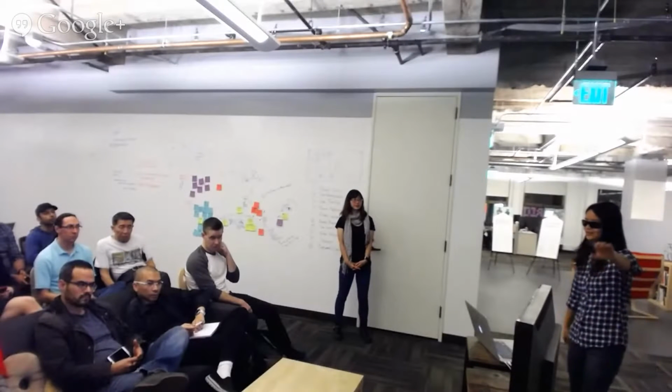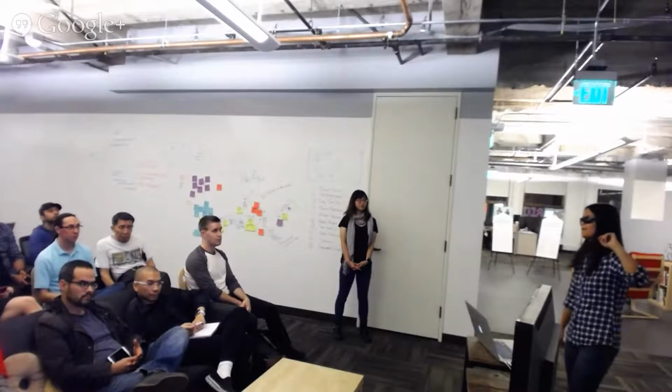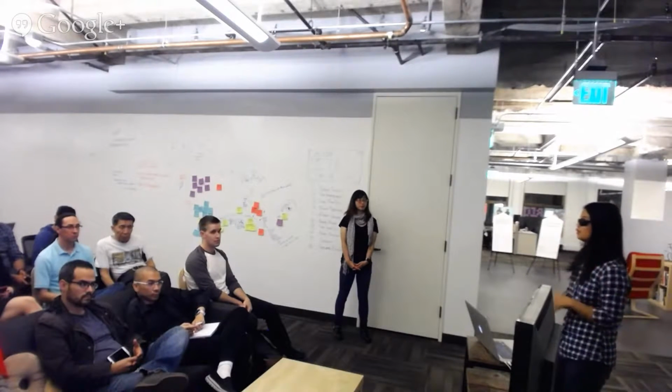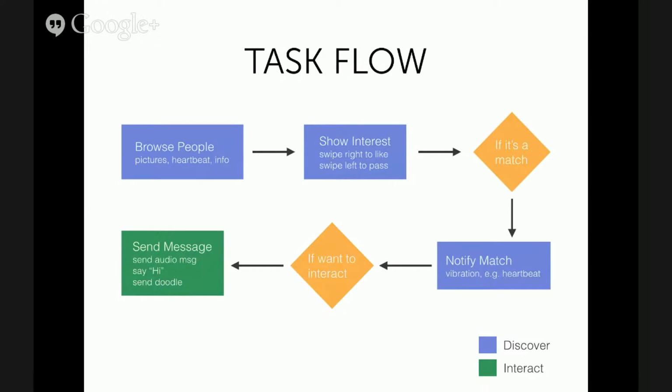Okay, so actually for this test flow, we only focus on the discovery stage and also the initial interaction. We didn't include the continuing interactions or the sharing photos features. As some of you may know, Tinder also has a feature called Moments where you can share your photos with all your matches. But for our Tinder Apple Watch experience, we're not going to include the ongoing interactions and the sharing photo features.